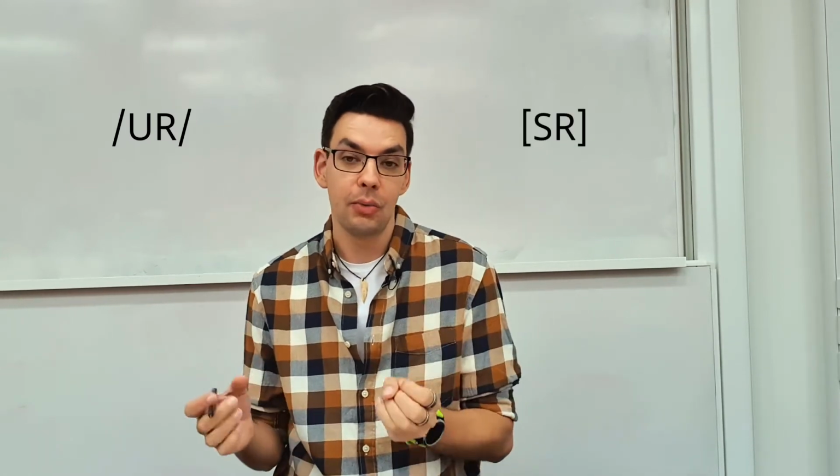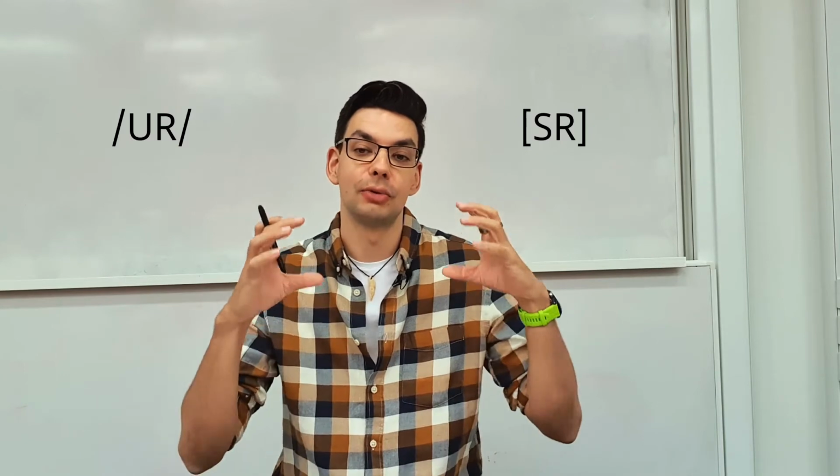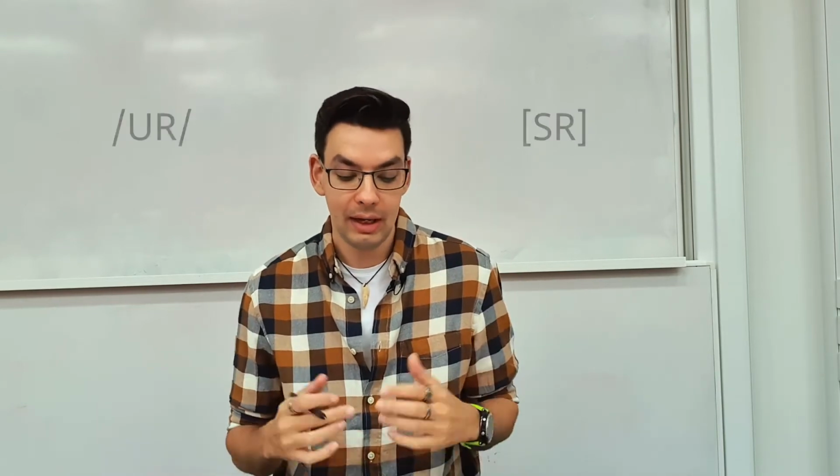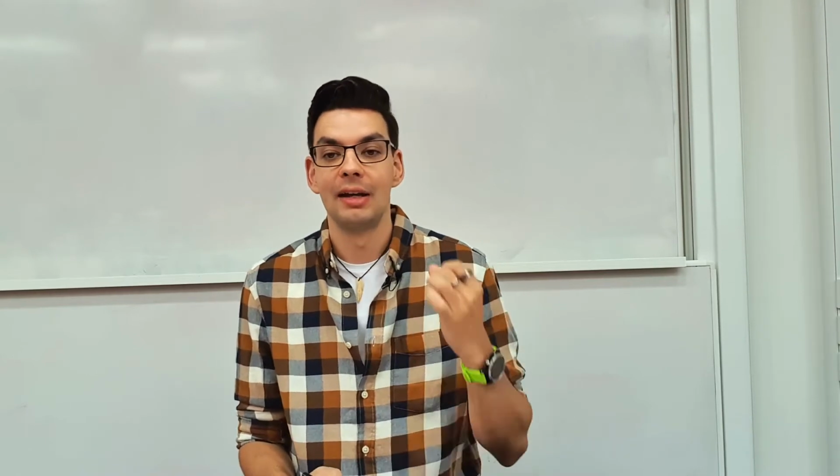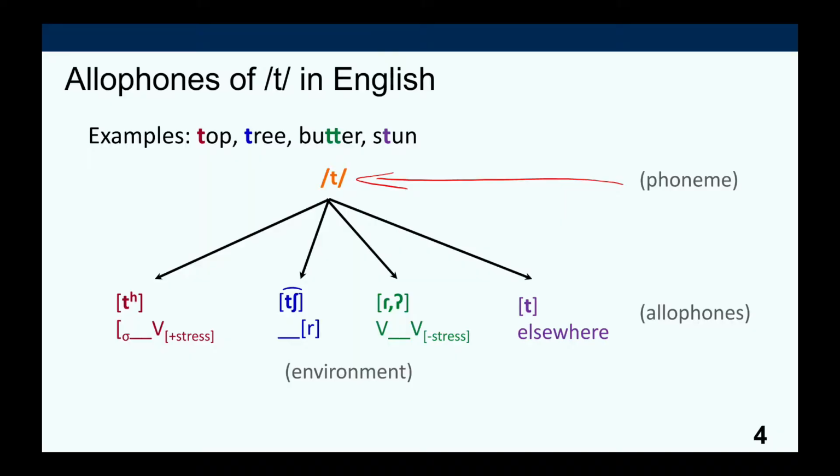And then in our square brackets, which indicate a phonetic or surface representation, we have the various realizations. In the first word, top, we have an aspirated stop. That is the t with a little superscript h here, and the context for that is written below, namely at the start of a syllable, if followed by a vowel that is stressed, which we have indicated here by writing plus stress as a little annotation on the symbol V for vowel.